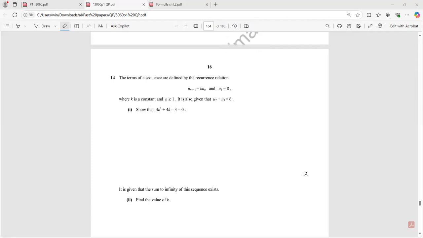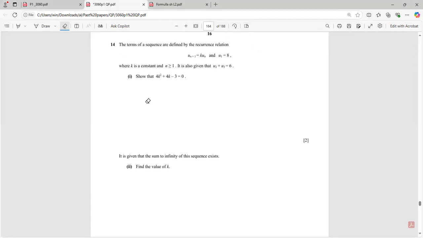Okay, in this question, he gave you the term of a sequence defined by a recurrence relation, which is a rule. The rule is, for example, u2 will be equal to u1 times k. He gives you u1 is equal to 8, where k is a constant and is more than 1. He's also given u2 plus u3.